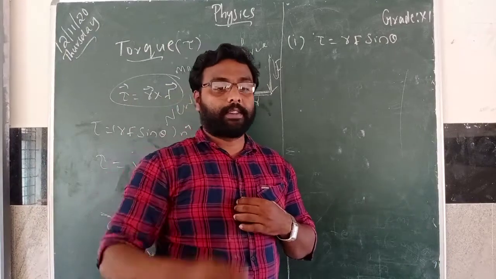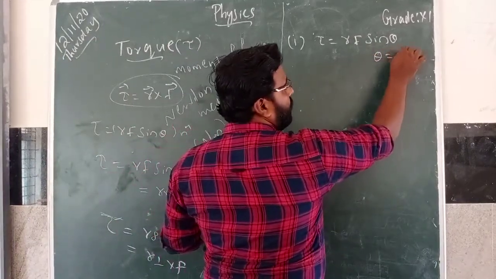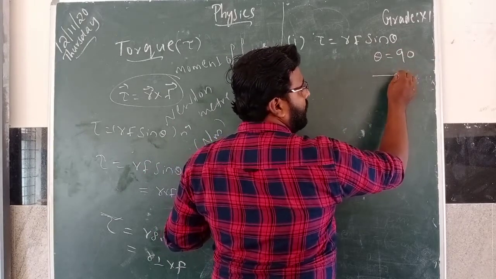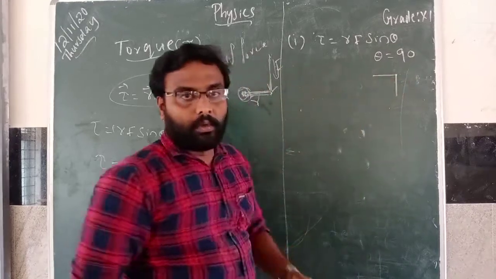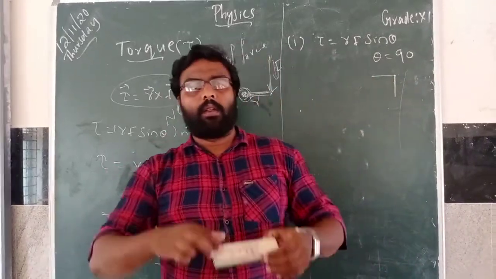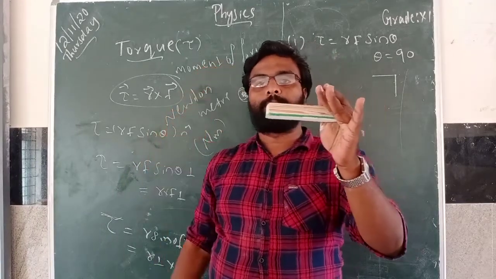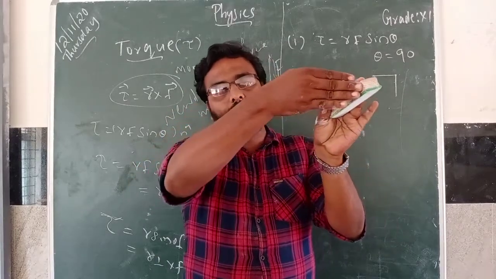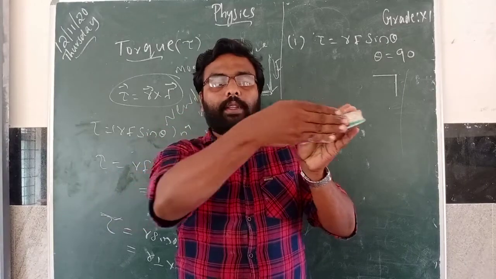The first case is theta equal to 90 degree. Position vector and applied force, these two. For example, this is the object, and you are applying the force at 90 degree to this.